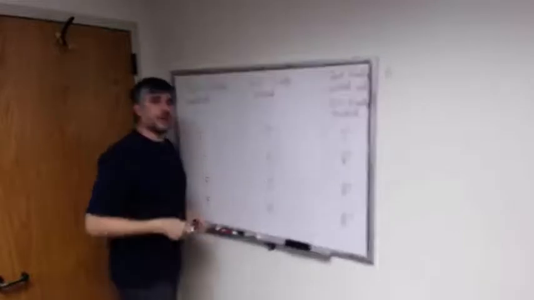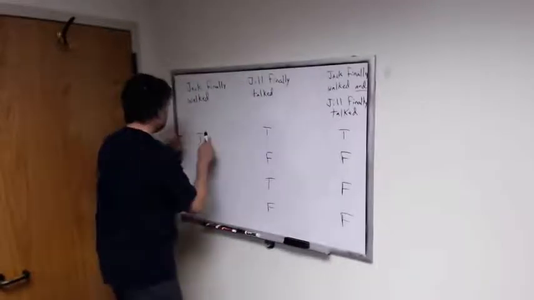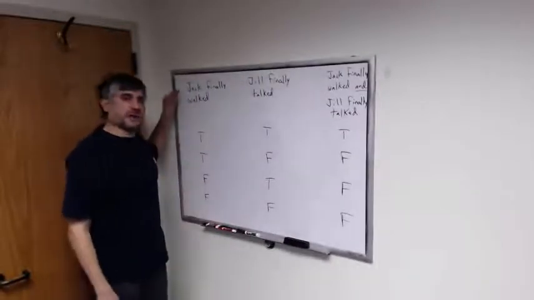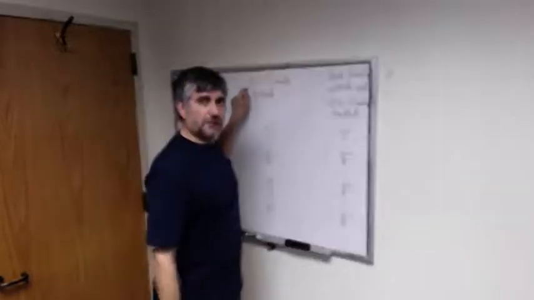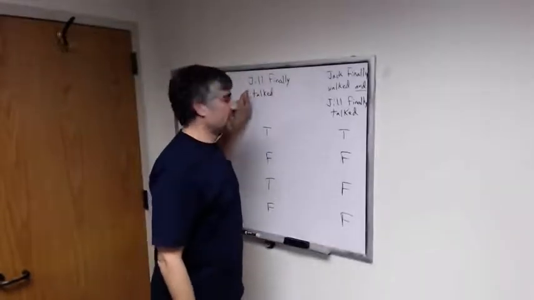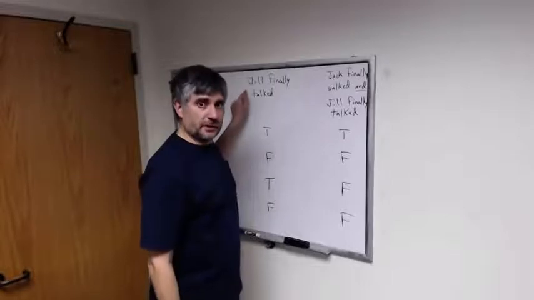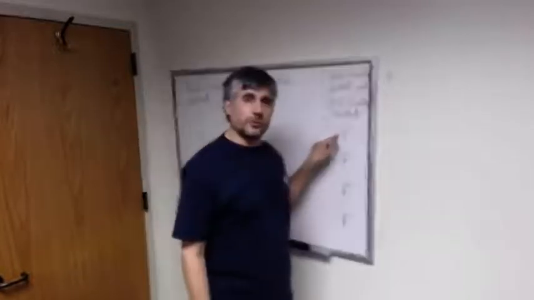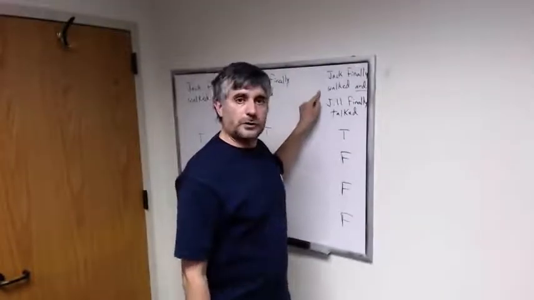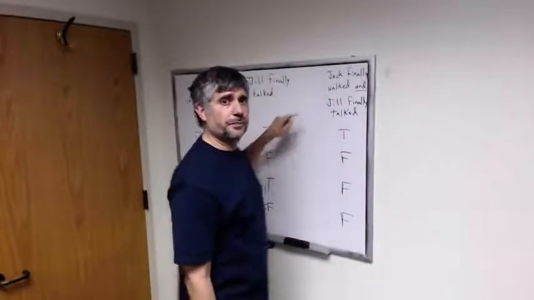Well, it's the same pattern we saw earlier. If it's true that Jack finally walked, and it's also true that Jill finally talked, then it's going to be true that Jack finally walked and Jill finally talked.